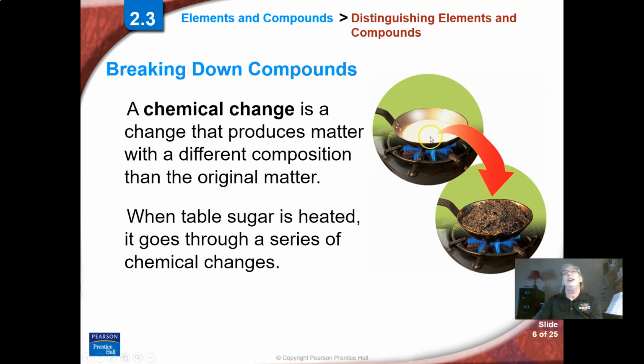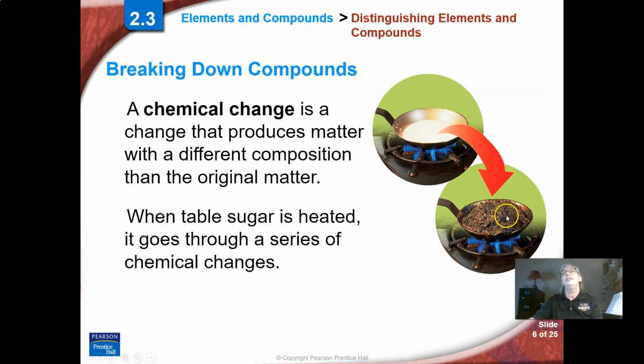So sugar has a lot of carbon in it. So we removed the oxygen and hydrogen that was in there. And we just have the carbon, like you'll see C on the periodic table. That's what we just have, C right here. So this is a chemical change because we really got rid of some of the elements. We separated the elements from each other, and now we've had a chemical change.